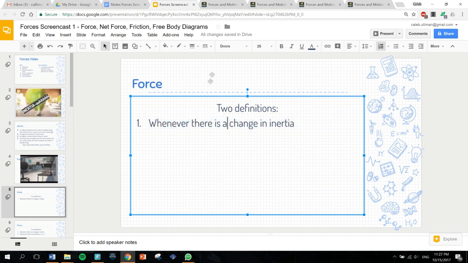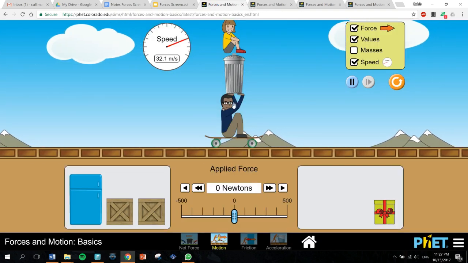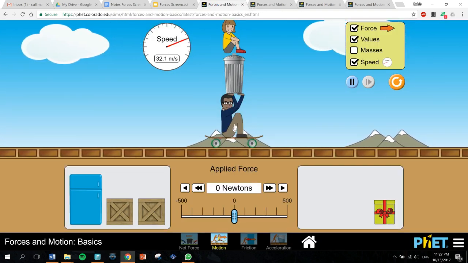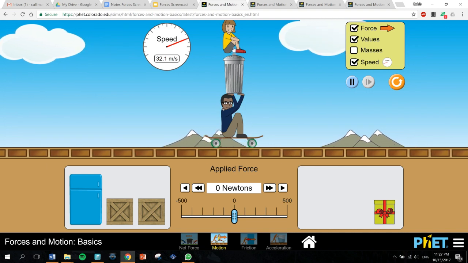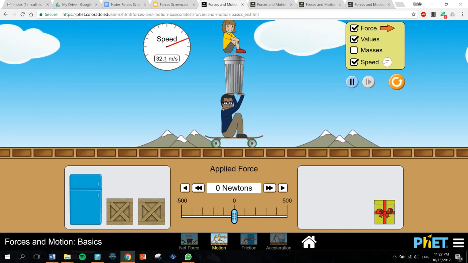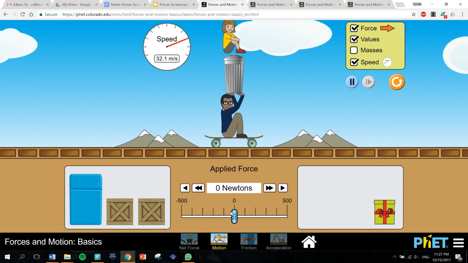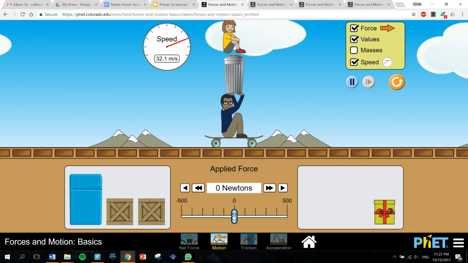So whenever there is a change in inertia. Let's say something's already moving. It's going to need a force to stop it from moving. Oh my gosh, it's a man with the trash can on his head, with the girl on top of the trash can going 31 meters per second. It's not good.